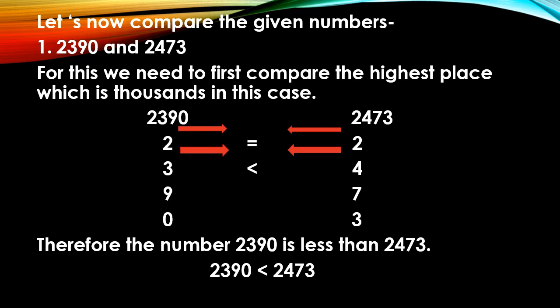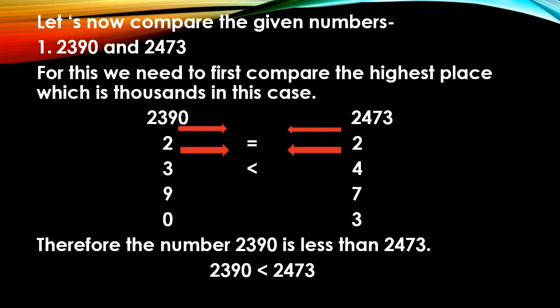Here we see that we have 2 in thousands place in both the numbers. So, 2000 is equal to 2000. After comparing the thousands place, we move on to the next place, which is hundreds.